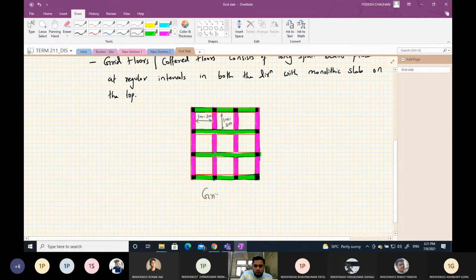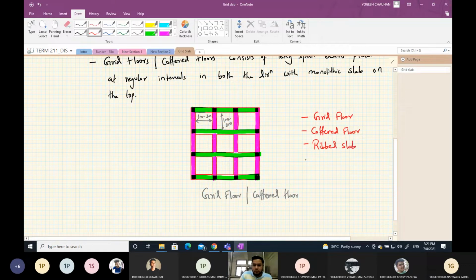This is grid floor or coffered floor. You would find different names. Sometimes it is also called grid floor, coffered floor. It is sometimes referred to as ribbed slab. It is also referred to as waffle slab.